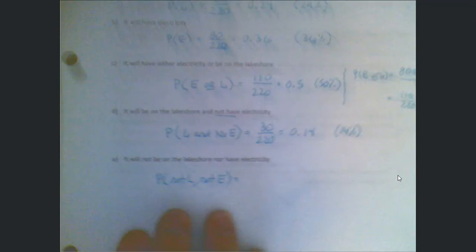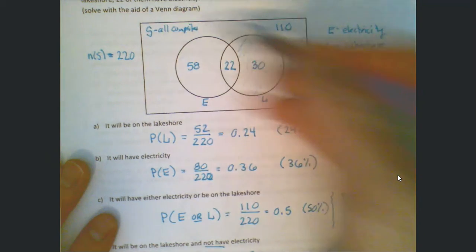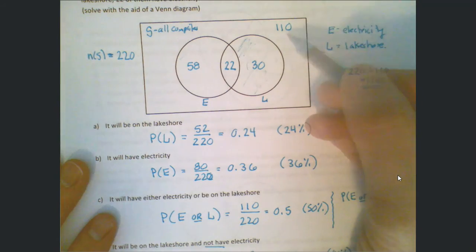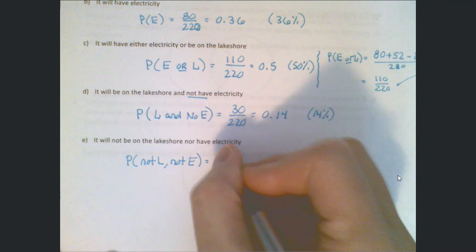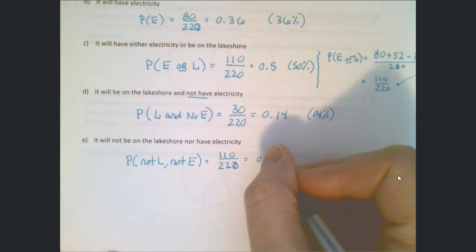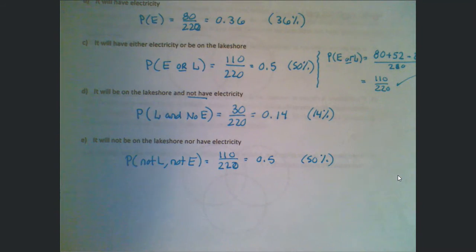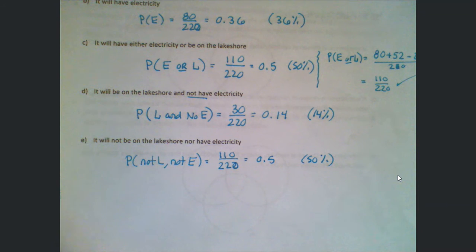So we want to exclude all of this stuff and only include the stuff that's left over, which we know is 110 from our previous calculation. So it's 110 over 220. You have a 50% chance of that happening, just like you had a 50% chance of it being electricity or on the lakeshore.